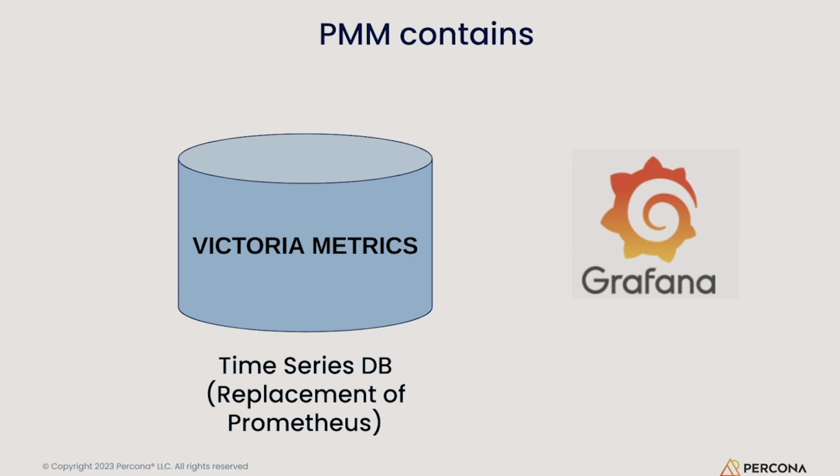Under the hood, it stores metrics on VictoriaMetrics instead of the Prometheus time series database, with some enhancements. And the metrics consumption is through MetricsQL instead of PromQL, which is pretty similar, using Grafana.